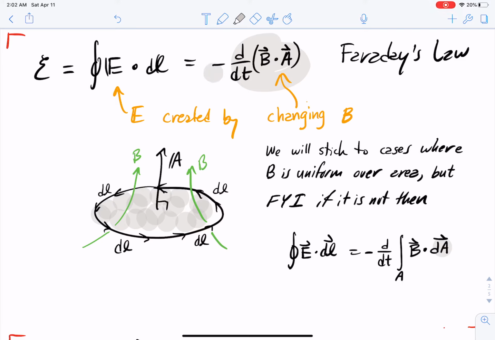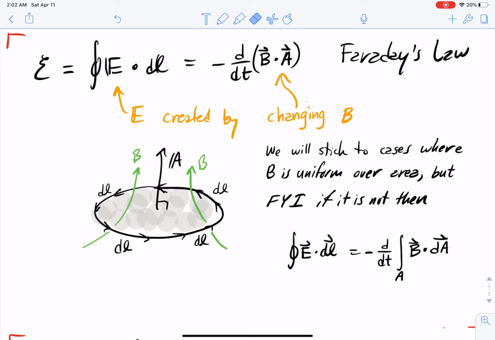Now, this negative sign there, we need to resolve that a little bit. Why is it there? And what does it tell us? So this comes back again to how we define the direction of the area.